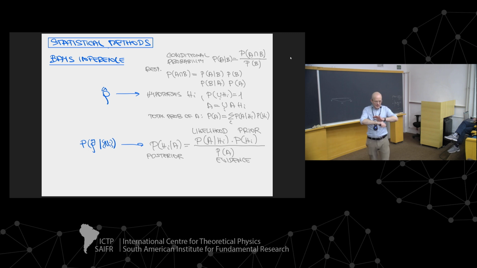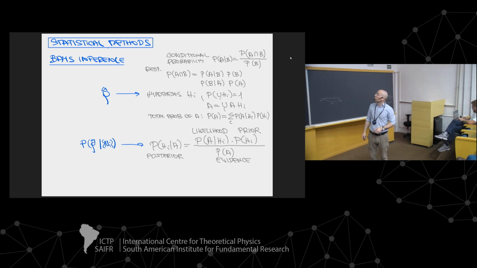This is beyond the scope of this lecture, but even with the basic formulation of Bayes theorem, we have some hypotheses which we are testing, and we have some event which occurred, and basically we can formulate the posterior probability, which is the conditional probability that the hypothesis H_i is there, under the condition that we observed the event A.